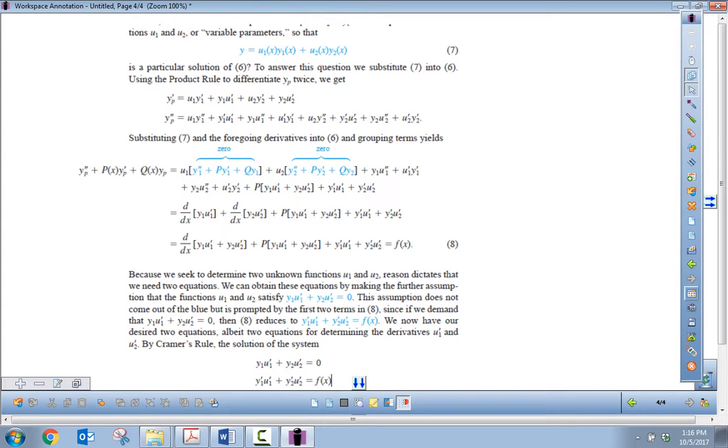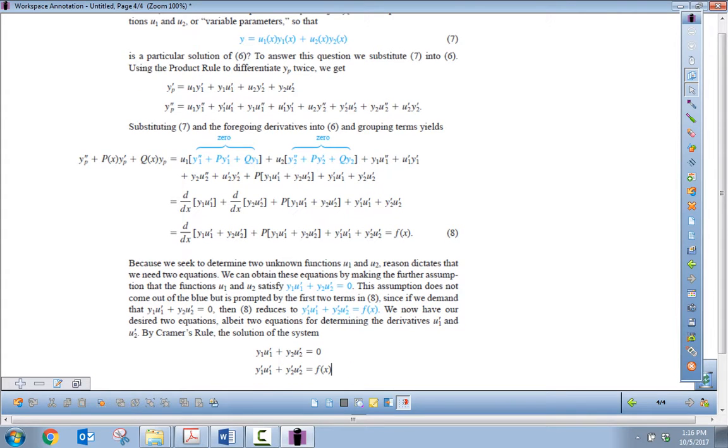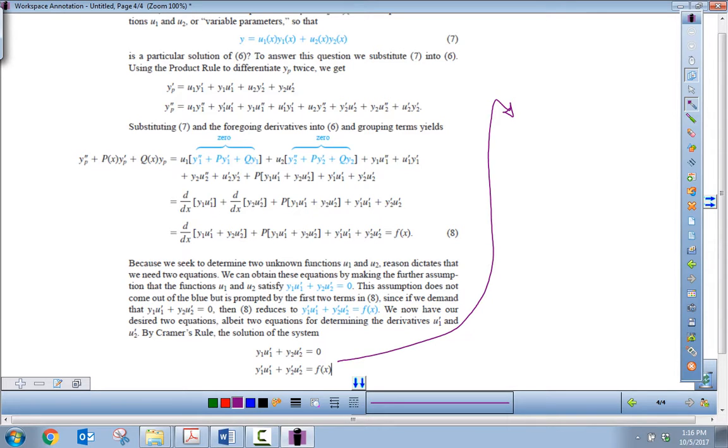All right, so this is going to lead back to Cramer's rule, where we solve for u1 and u2, or actually u1 prime. So we have to pretend that y is like the parameter. So we're solving for u1 prime and u2 prime.